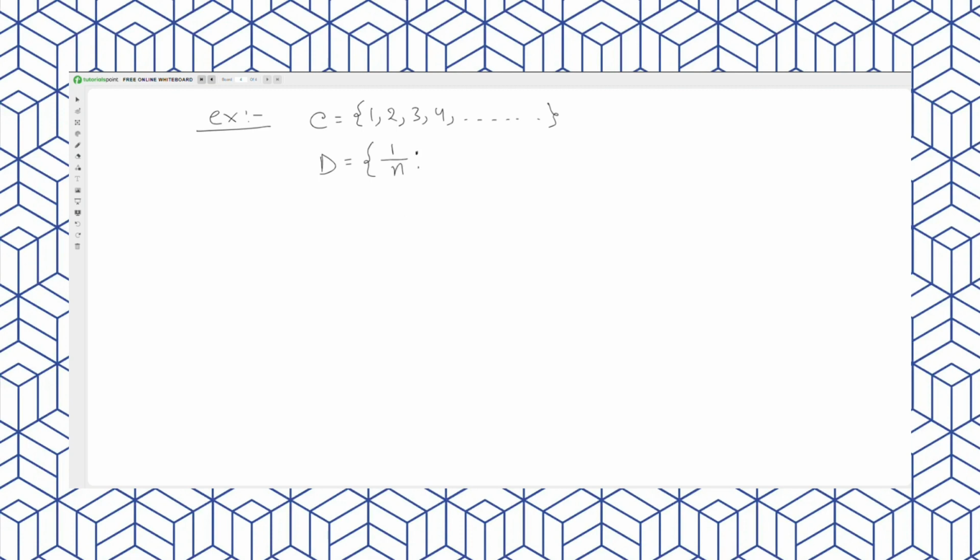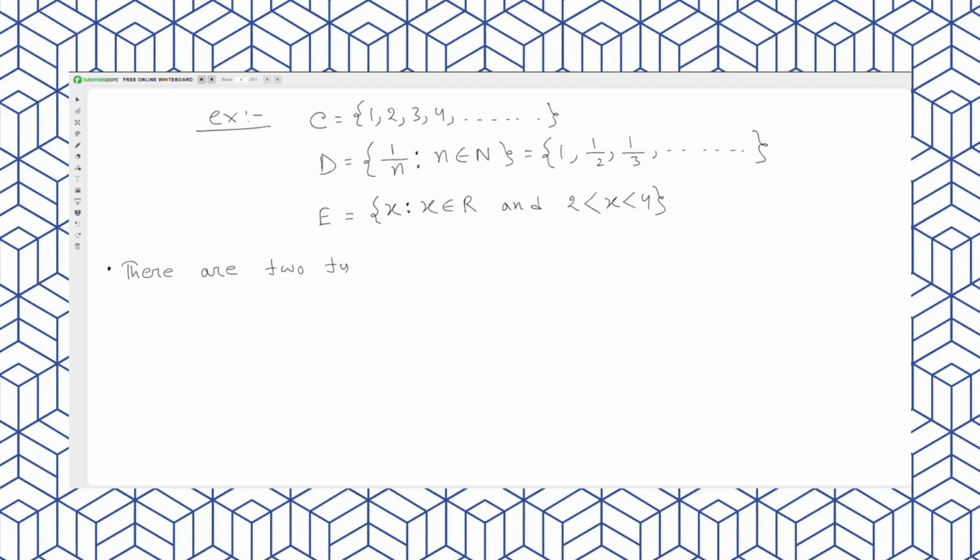Another, D, is written in set builder form as {1/n such that n belongs to N}, which we can also write in tabular form as 1, 1/2, 1/3 and so on. This is also an infinite set. And the most important, E, in set builder form is {x such that x belongs to R and x is between 2 and 4}. In this interval we have infinitely many elements, but remember, we cannot write it in tabular form.